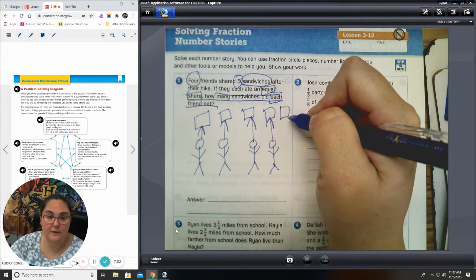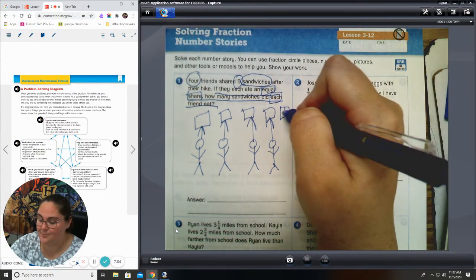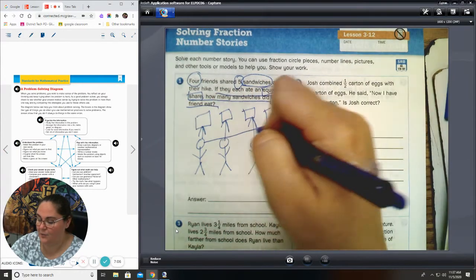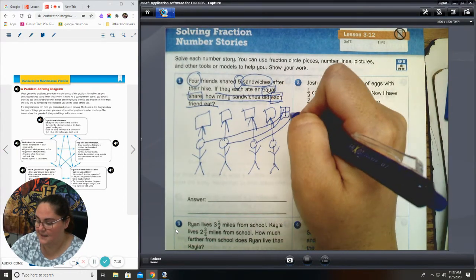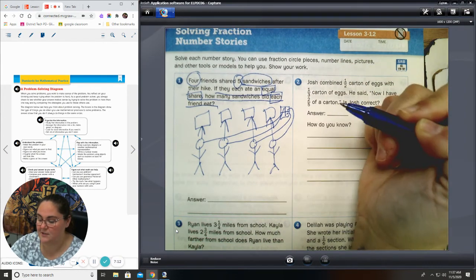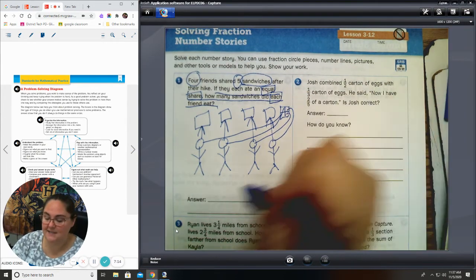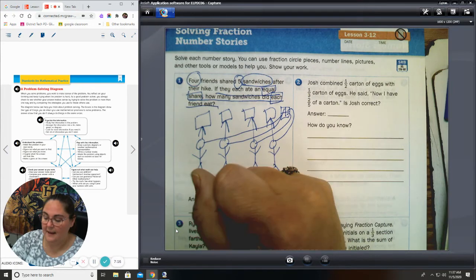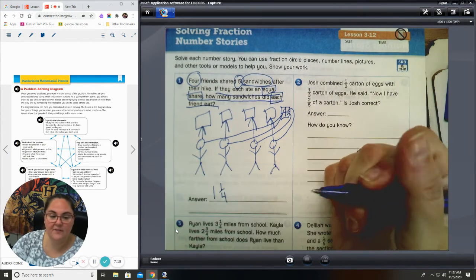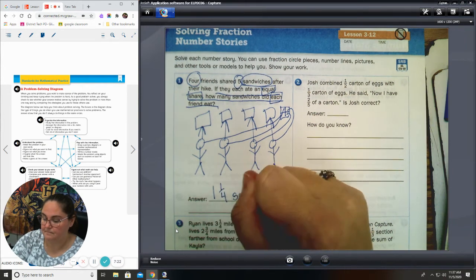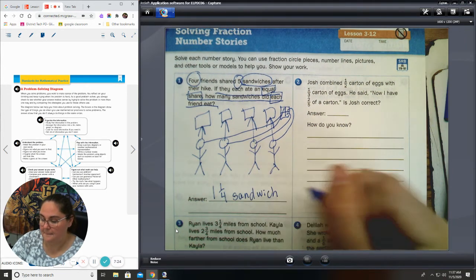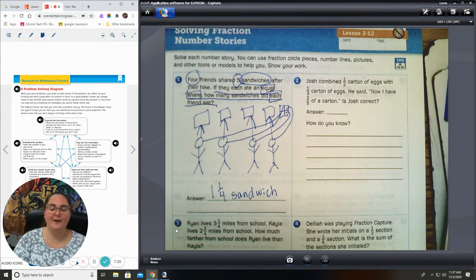And there's one left over. So that means I need to split this up. And then everyone's going to get a little tiny piece of this last sandwich. So each person is going to get 1 whole and 1/4 of a sandwich. That's how you do that question.